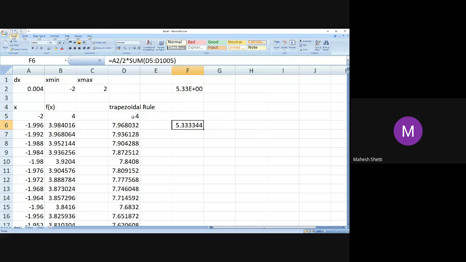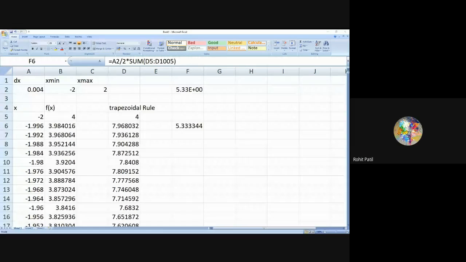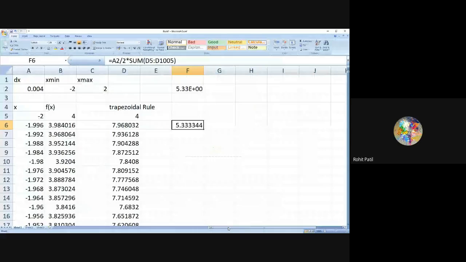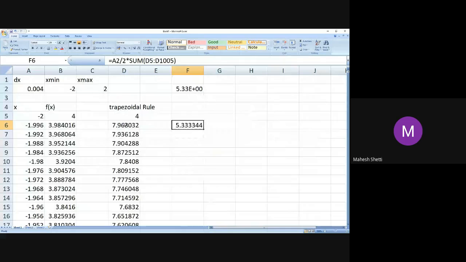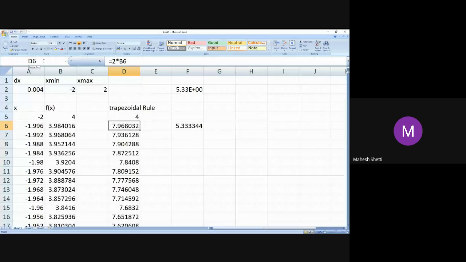Yeah, it is because you have copied the formula and it has gone up to the last cell, so you have to change the last cell once again. So the last cell is not included. When I copied this formula, if you remember, I had selected D6 to D1004, not 1005.